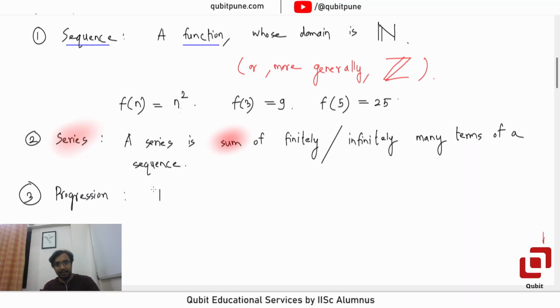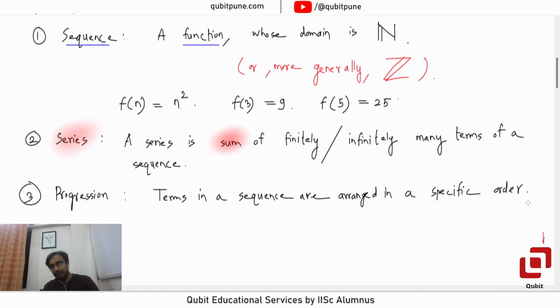Terms in a sequence are arranged in a specific order, and therefore it is called a progression. So the f of n notation is common for sequences, but because we consider them as progressions, we use the Tn notation.